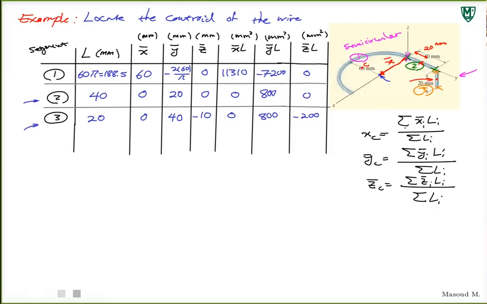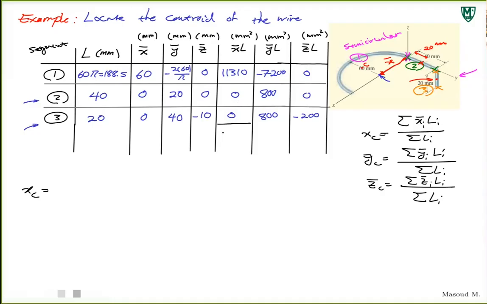Now, see what we want to find out. We want to find out XC, YC, and ZC. XC is the sum of the multiplications of X bar and L, which is here.